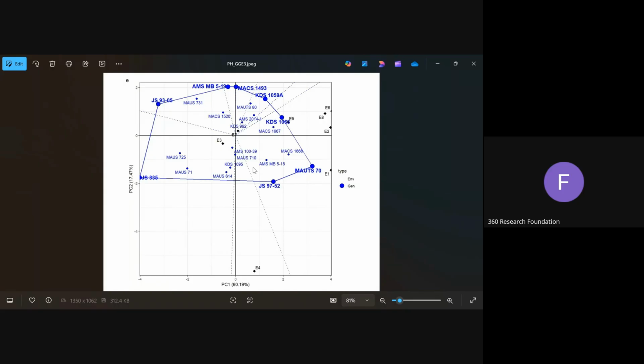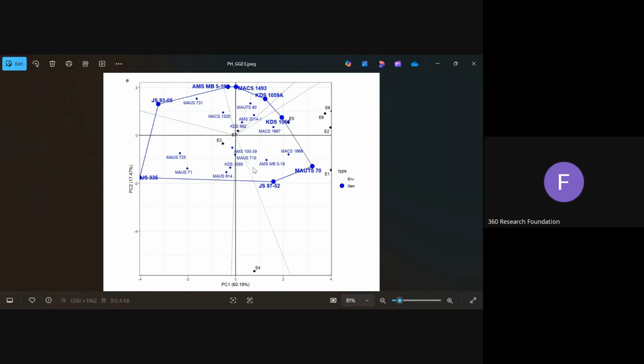So if we consider both adaptability and stability, then which genotypes are there? The same, like 992 is there.